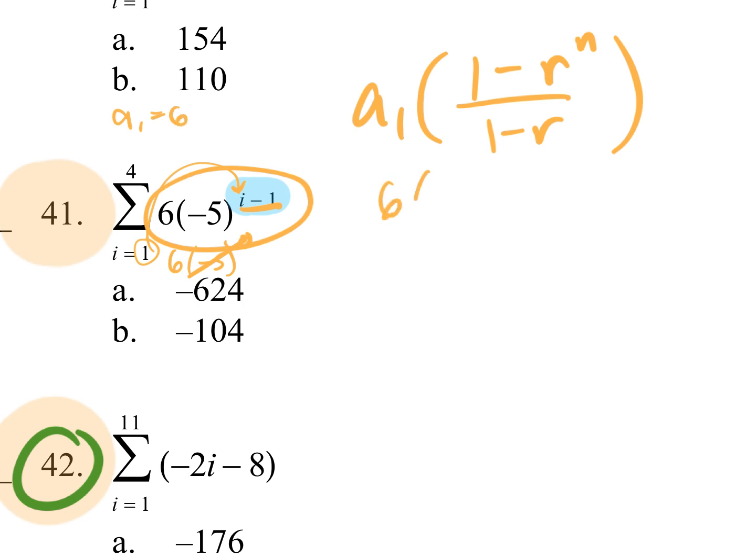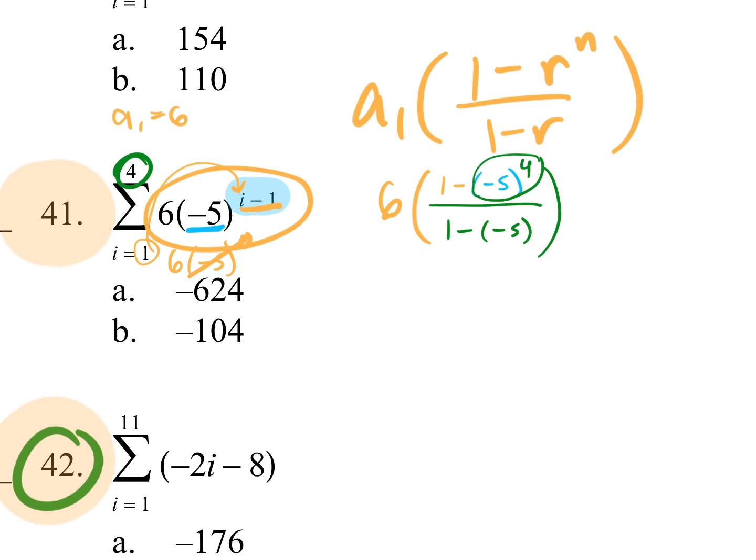So a sub 1 is 6. So we're going to plug that in. We have 1 minus r, where r is our ratio. So that's the number that has the exponent. So that would be negative 5. To the power of n is our number on top. So that would be 4 over 1 minus negative 5. So we have to do the exponent first.